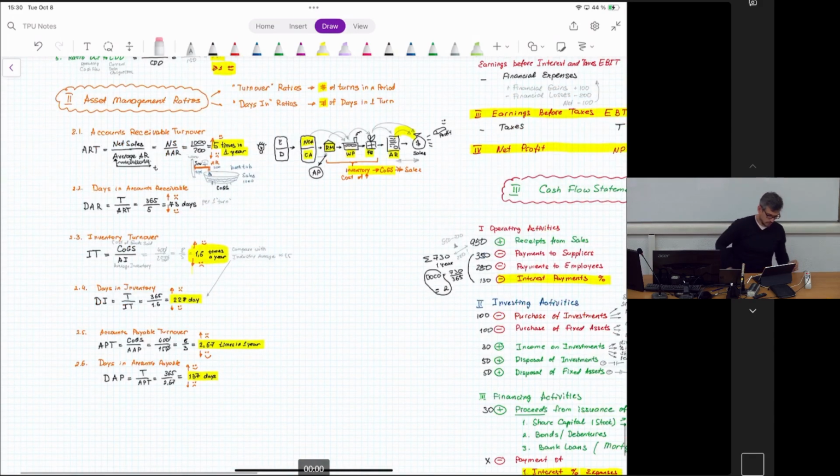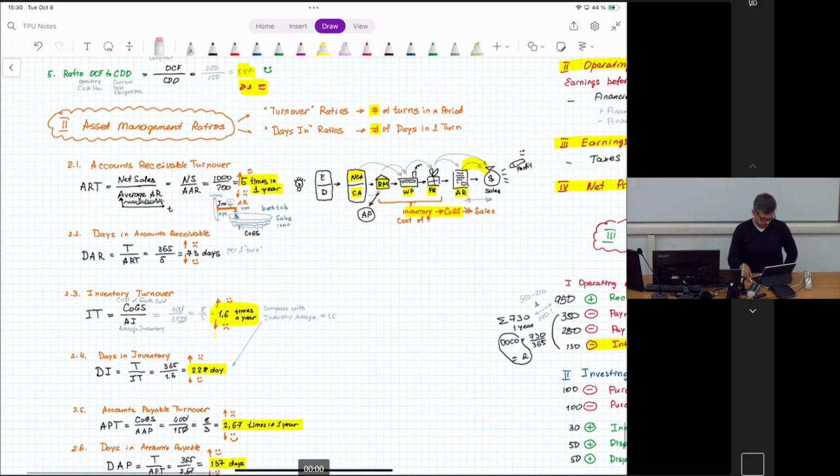Okay, so we begin our discussion of asset management ratios. In our previous class, we did not finish it. We said that asset management ratios help us understand how well we use our assets in generating our sales or earnings.